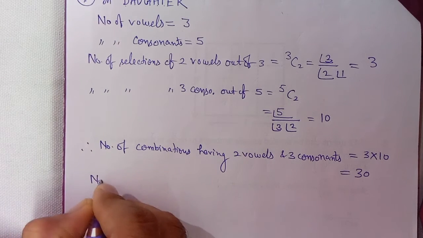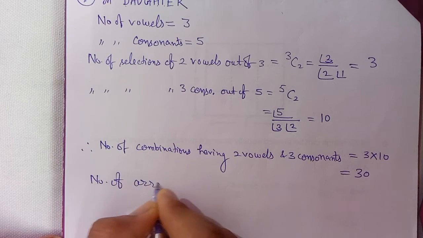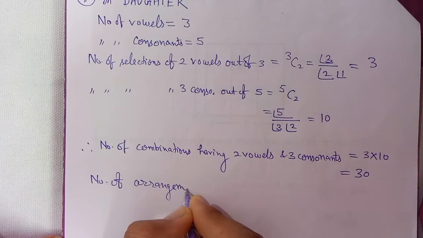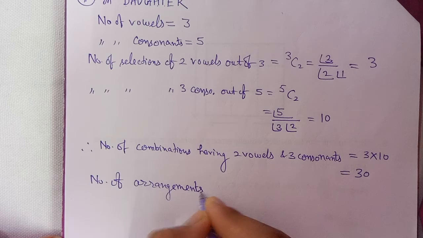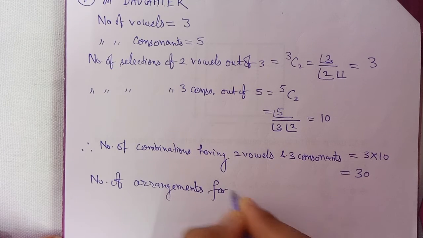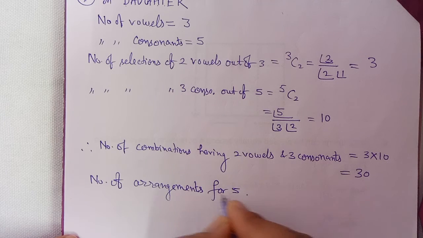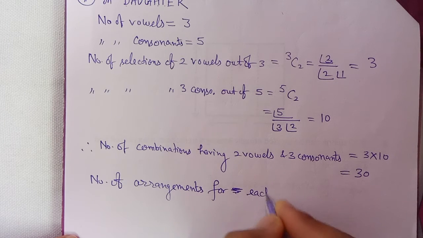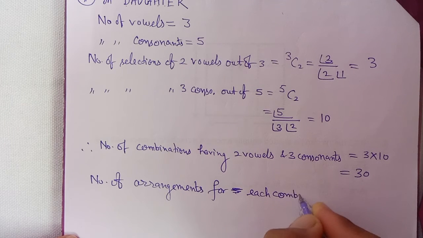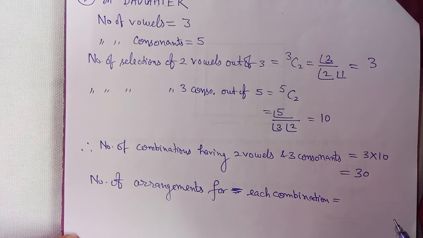So number of arrangements for 5 letters, number of arrangements for each combination, it will be 5P5 or 5 factorial, that is 120.